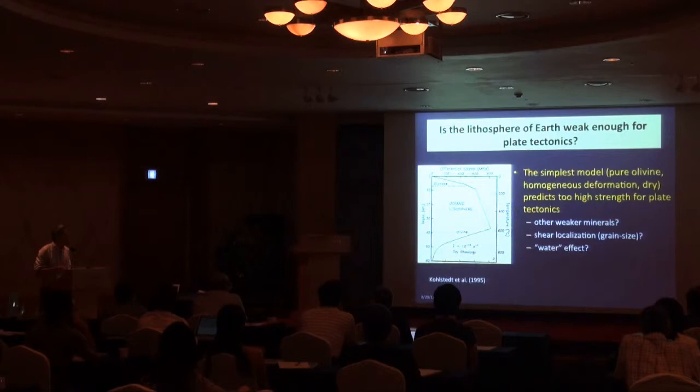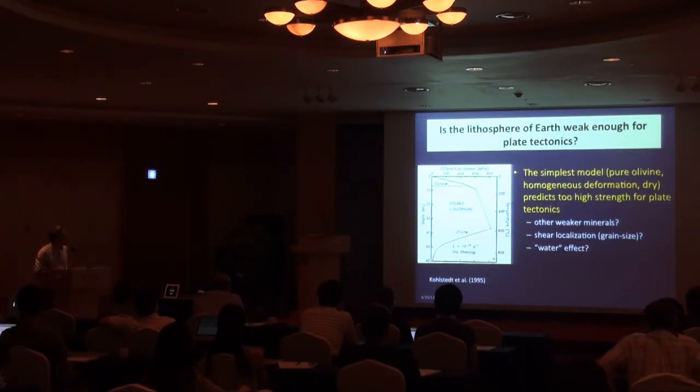They followed his idea, and what you can see is that in the shallow part, strength is controlled by brittle fracture, and therefore the strength increases almost linearly with pressure. And in the deeper part, the deformation or strength of the lithosphere is controlled by ductile flow, in which strength depends on temperature, so that as you go deeper, temperature goes up, and therefore strength decreases.